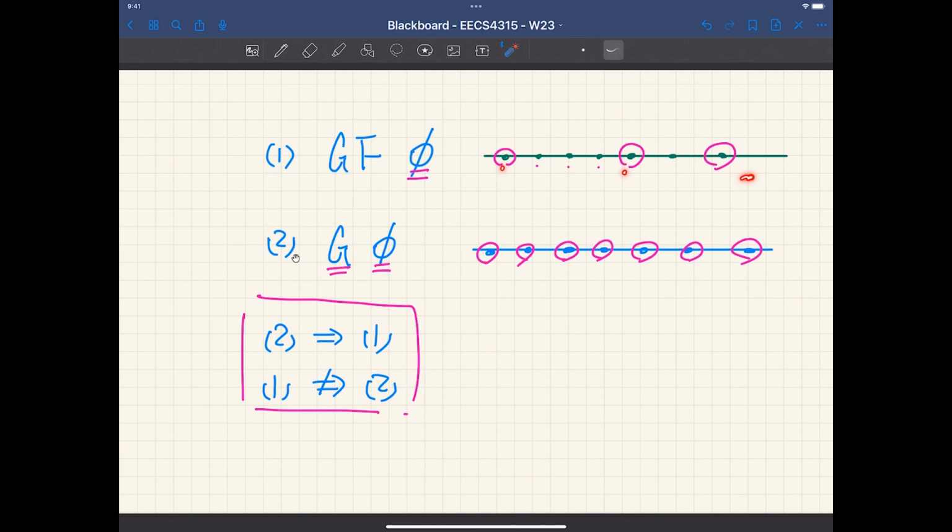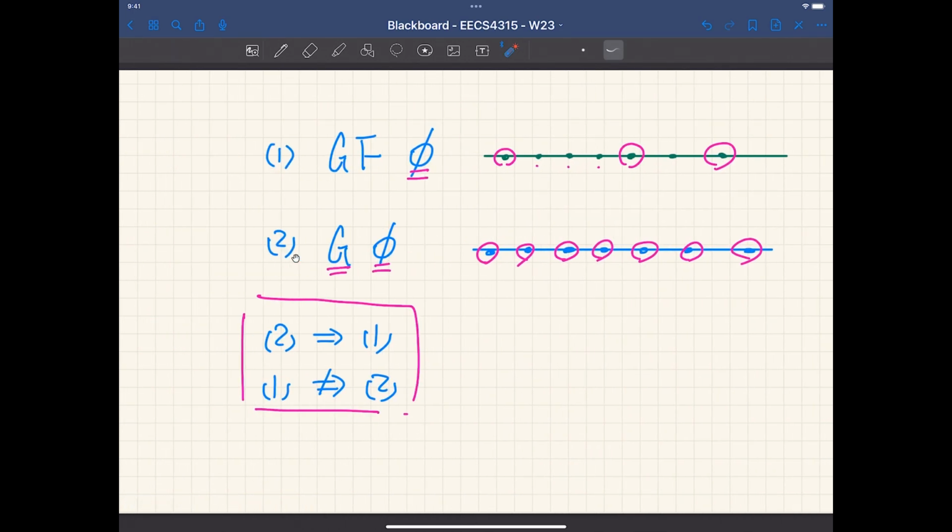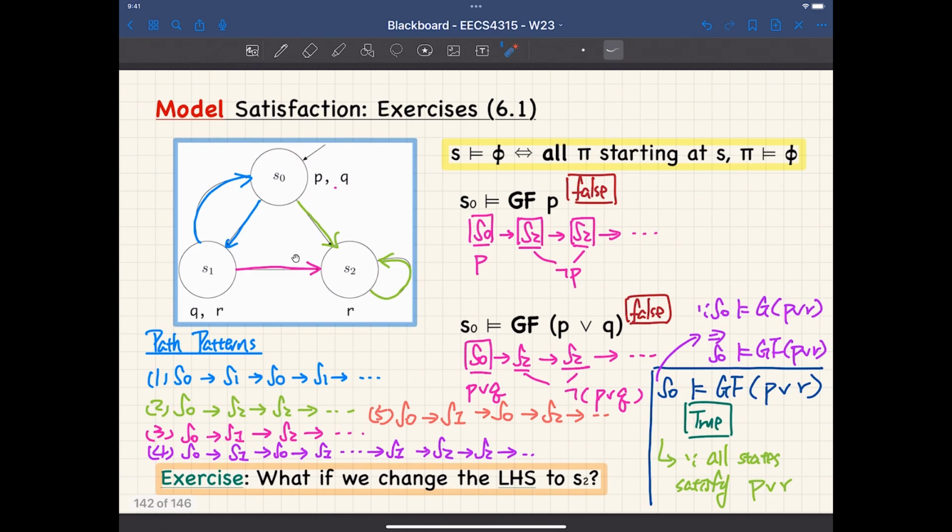On the other hand, if I only know that infinitely often the formula is satisfied, it does not guarantee that you don't have any gap. You do have gap. Think about it. Because if one is not satisfied, then how is the whole statement? In this case, you can see this part here is satisfied because every state over here satisfies P or R. Right?